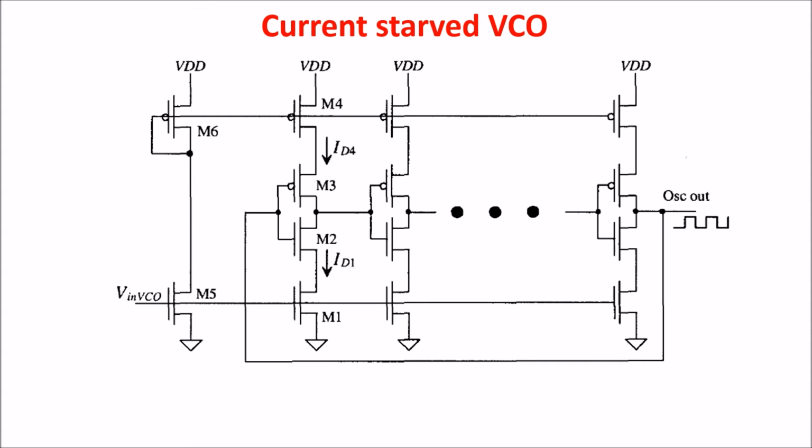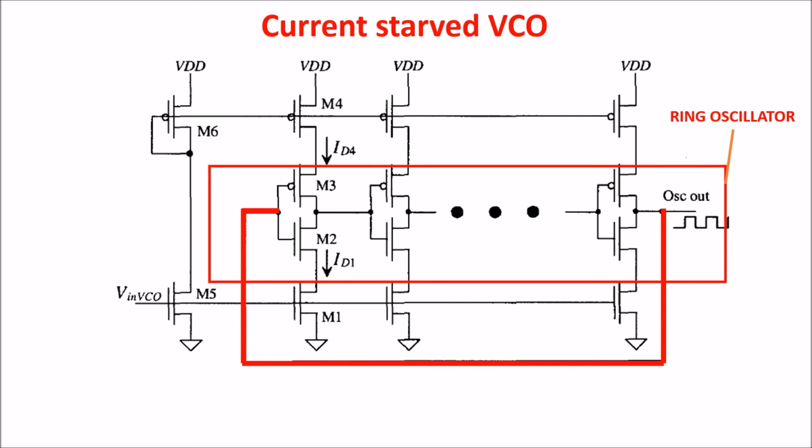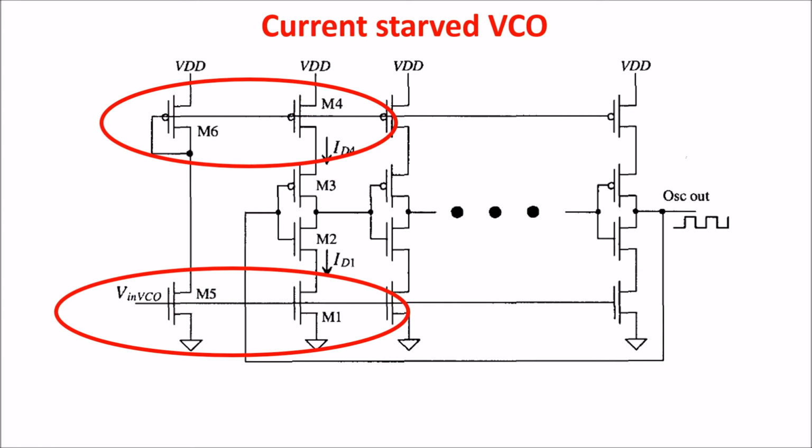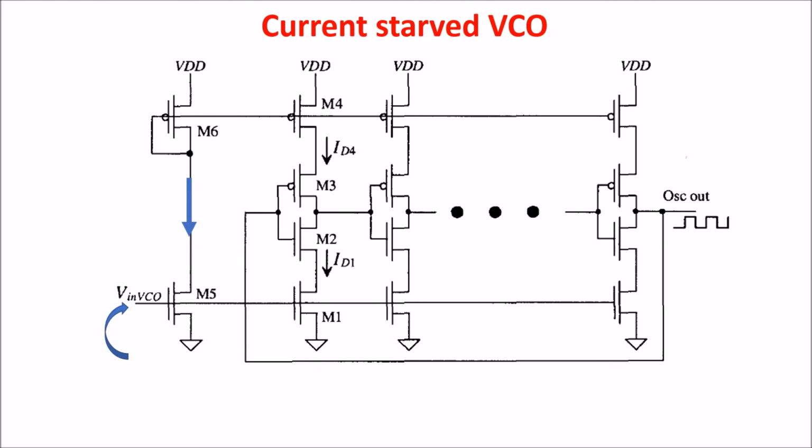Now we come back to the whole circuit. We recognize the ring oscillator composed of an odd number of inverters plus the feedback, and now we see the purpose of the other transistors. You see that M5, M6 and M1, M4 are in a current mirror configuration, so the current created by applying a voltage Vin in the input of M5 is mirrored in all the inverters.